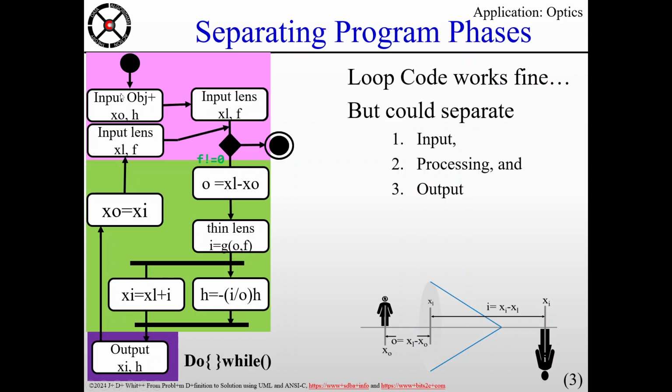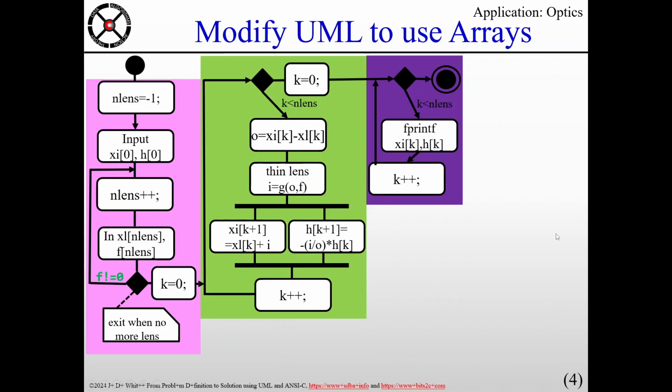In this case, we have to have the input in a single loop. The calculation will be in a single loop, and the output will be just at the end. We can use do while to do this. We did use do while. So we need arrays if we want to separate the input and output. This would be the new UML code for that. We input the lens positions.